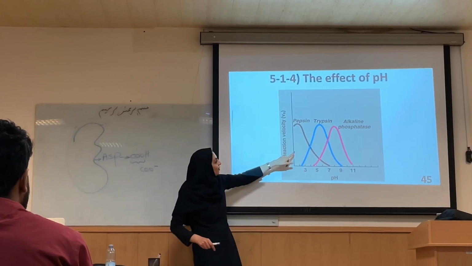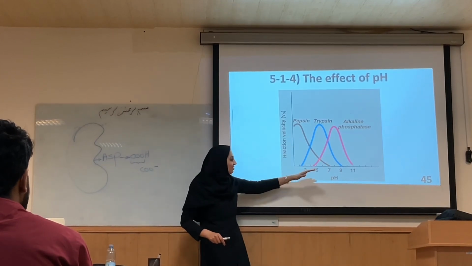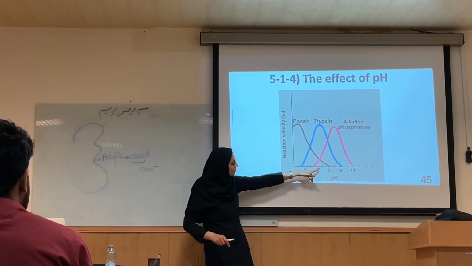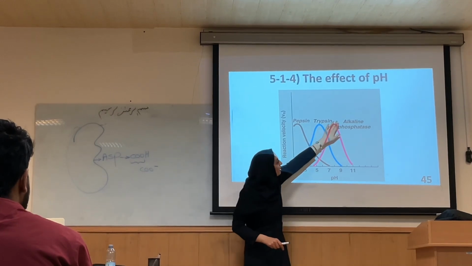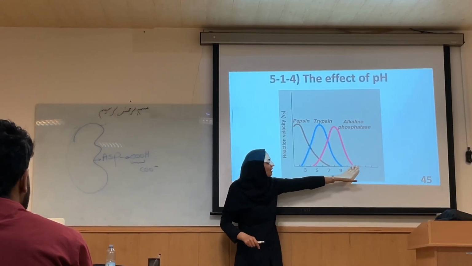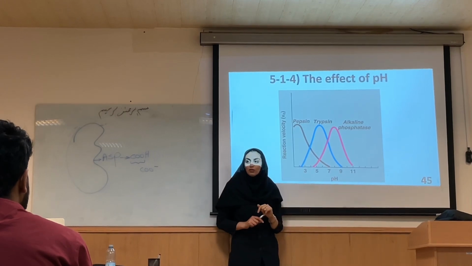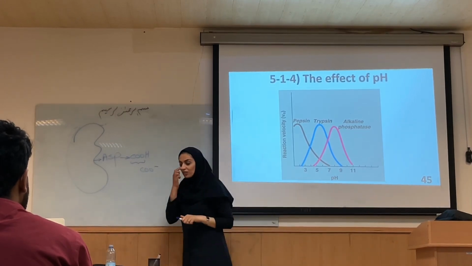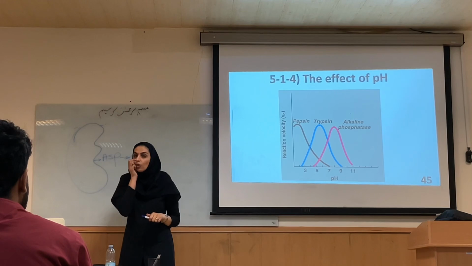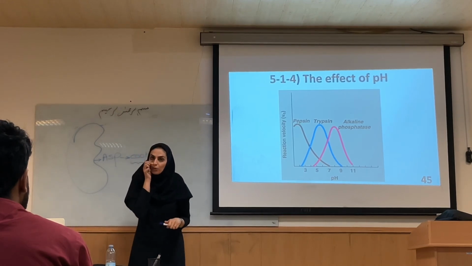Trypsin works in a somewhat neutral pH, and alkaline phosphatase is another enzyme that works in basic pH. For example, pancreatic enzymes work in alkaline pH in our body.